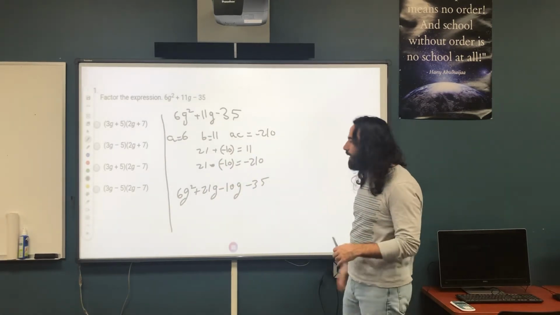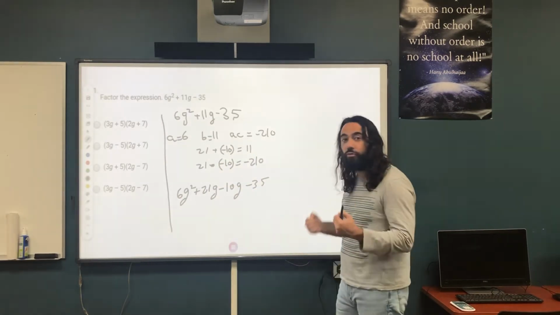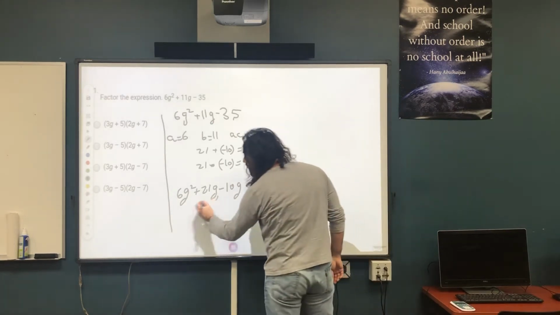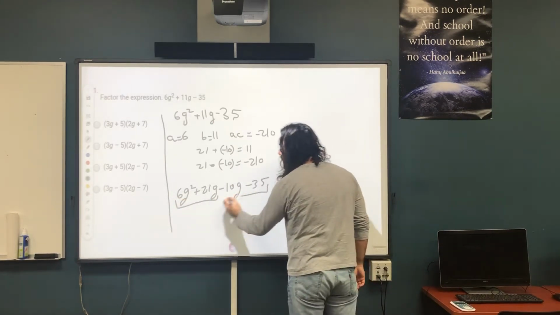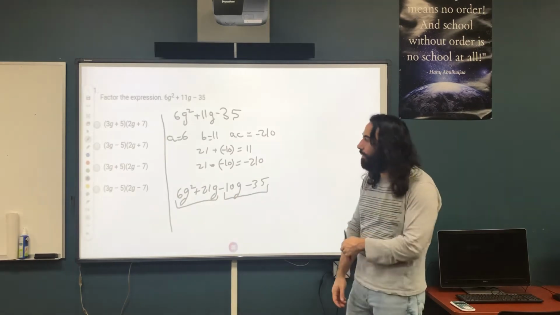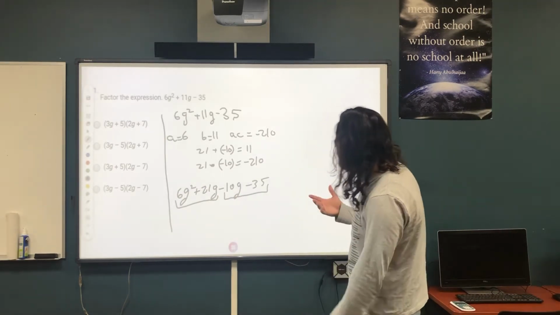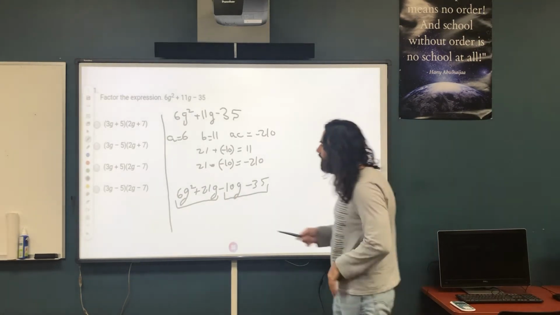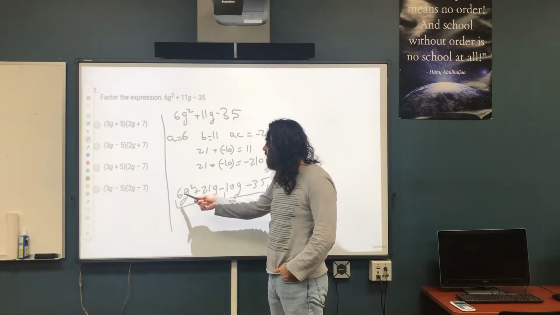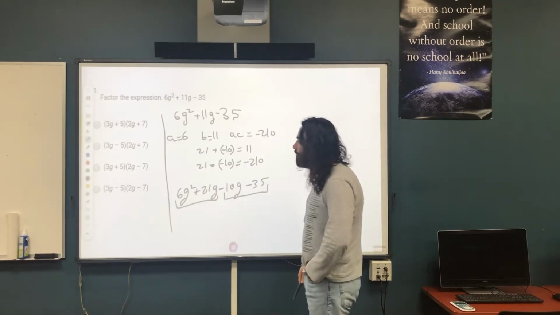Now, why did I do that? So I can group the first two and group the second two. And that's factoring by grouping. In this case, we need to take out the GCF between 6g squared and 21g.